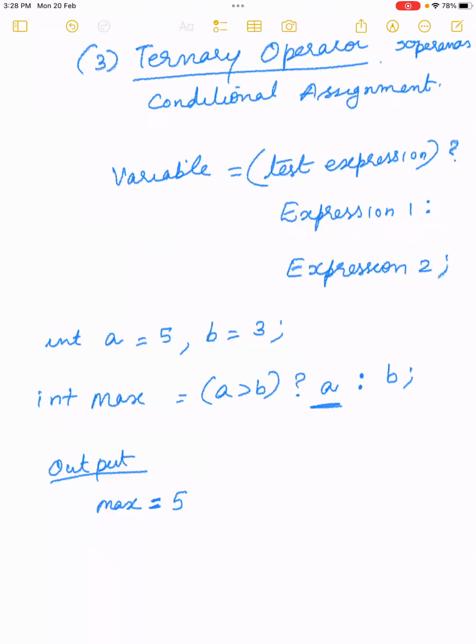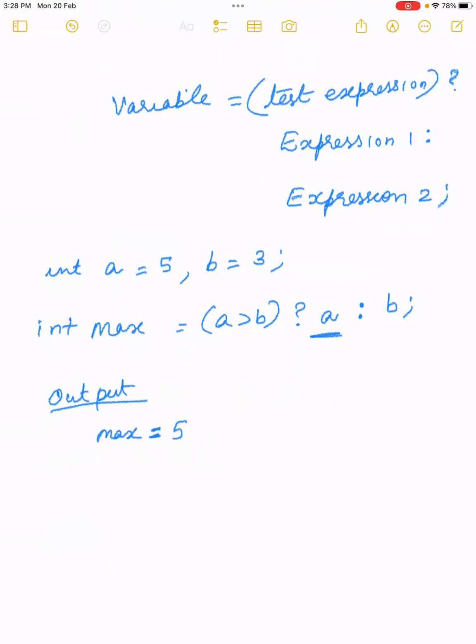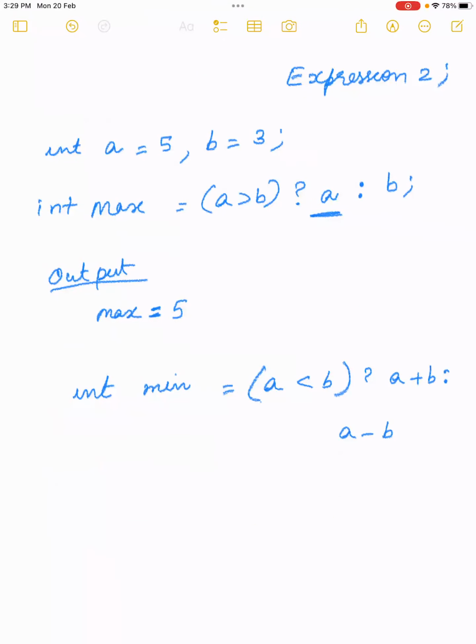That's all. If the condition was false, say for example, int min equal to A less than B, then colon. Let me write something else here. If A is less than B, I should do A plus B, and if A is greater than B, I should write A minus B. Again, let A equal 5 and B equal 3.